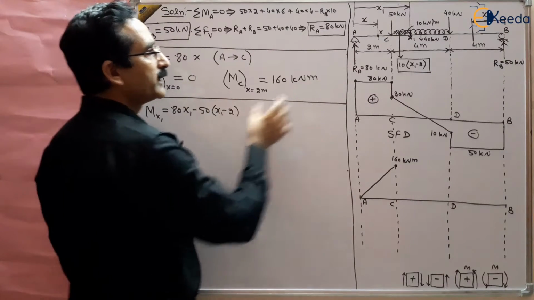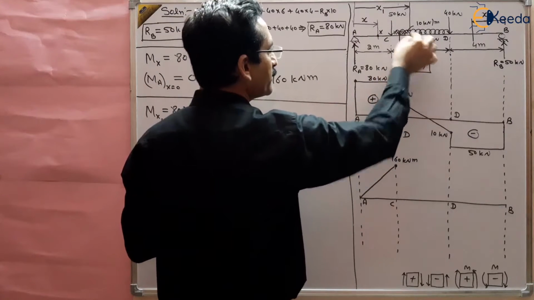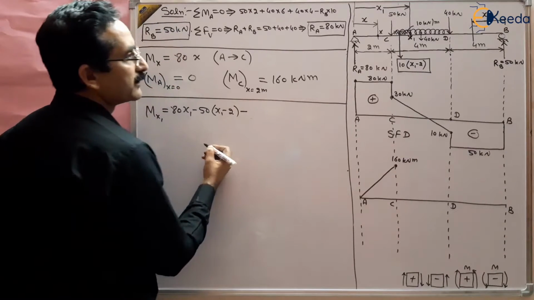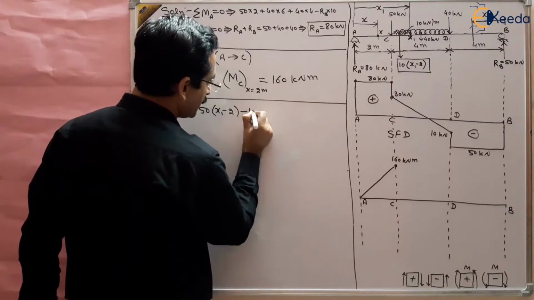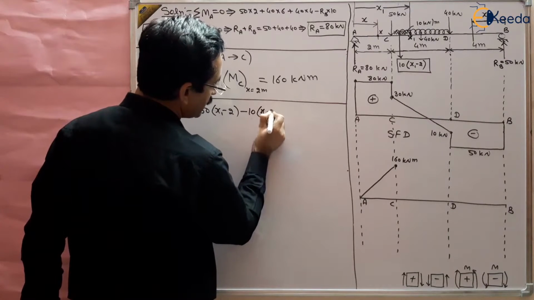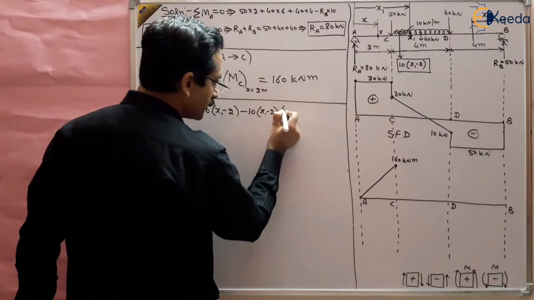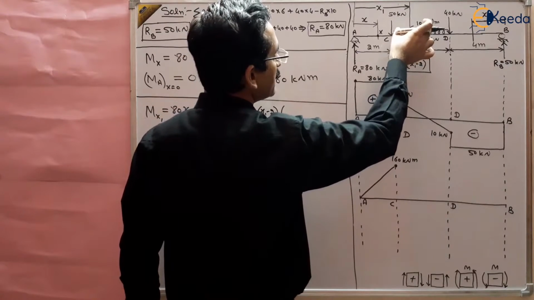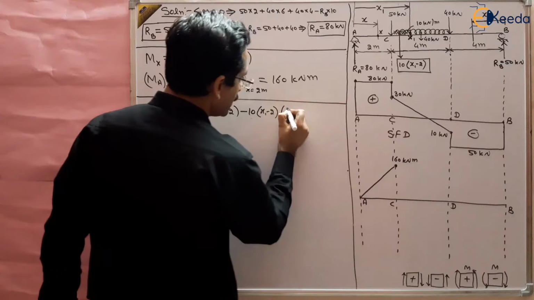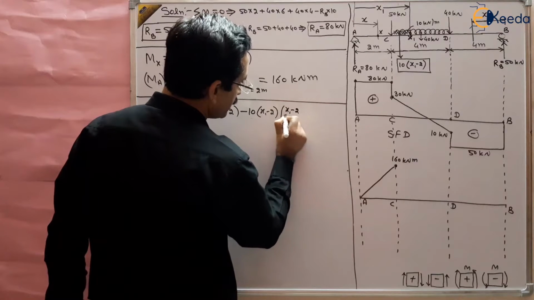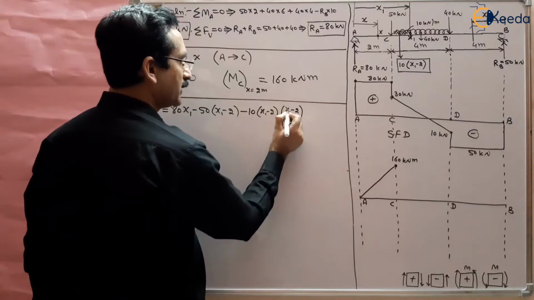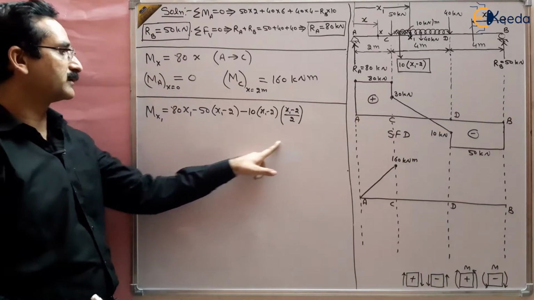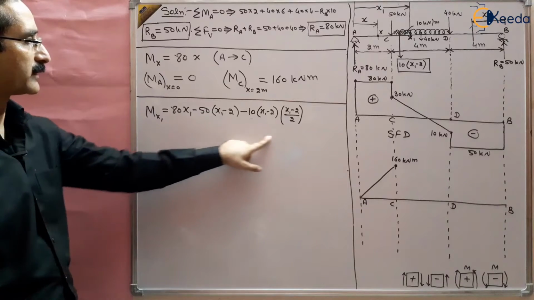Half of this will be the distance of this load from x1, right? So we will write minus 10 (x1 minus 2) at a distance of (x1 minus 2) divided by 2, like this, right? So this is the bending moment at x1, right?